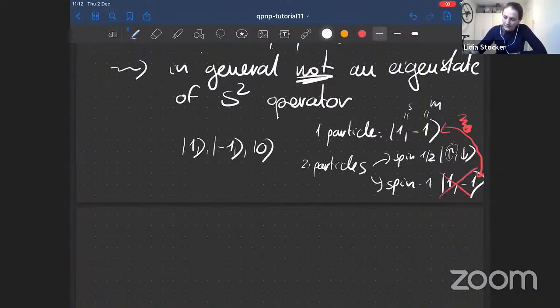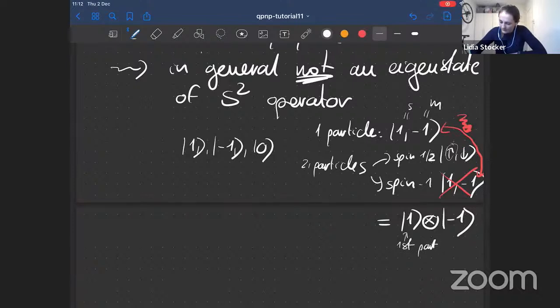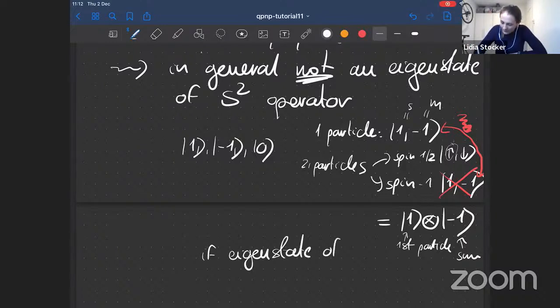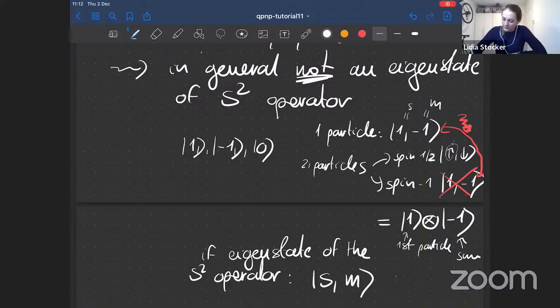Use really one tensor product with -1. This means first particle, and this means second. And these will then be equal to something. So if it is an eigenstate of the S2 operator, we write something like S M, also for the two particles.